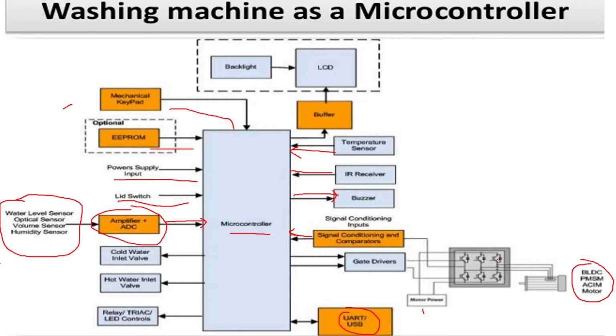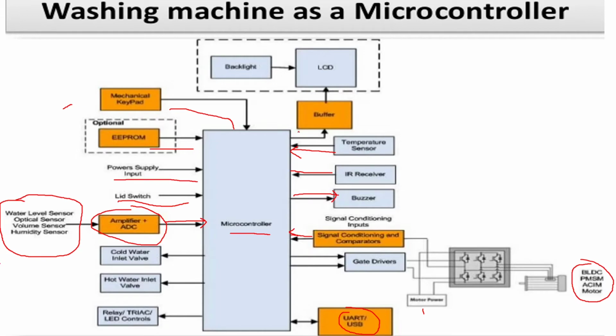Okay, so the main thing is what inputs you have from the parameters, and those inputs should be properly given to the microcontroller. Depending on the program you have coded in the microcontroller, those inputs or data are used, and then the outputs are properly controlled, whether the output is a motor, a heater, or a water flow, whatever it is.